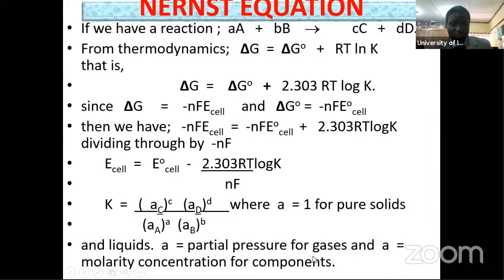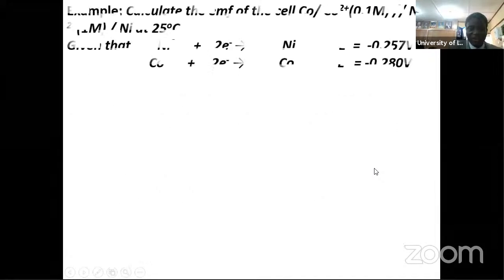So the same way, instead of activity, you can use partial pressures of the various components to give you the equilibrium constant.